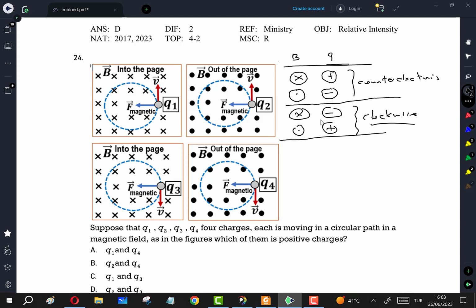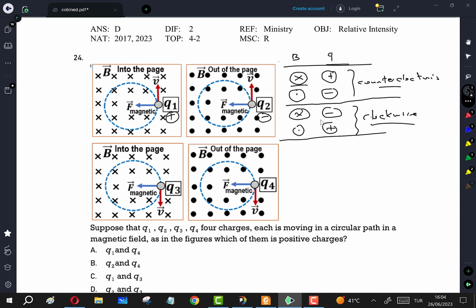Q1 is counterclockwise, and the magnetic field is cross, so the charge must be positive. So Q1 is positive, absolutely. Q2, counterclockwise, magnetic field is dot, charge must be negative.